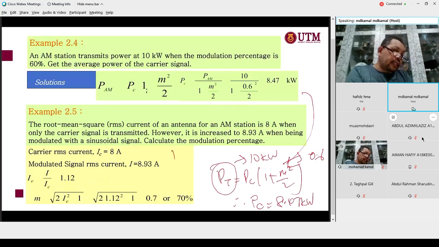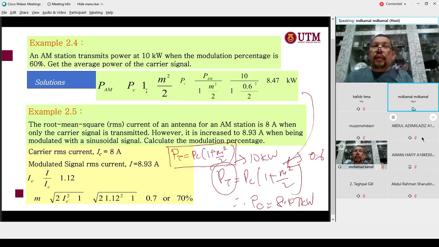Okay, PT is equal to PC times 1 plus M squared over 2. So this is the total power in the AM signal. You also can relate it with the total currents in your system actually.